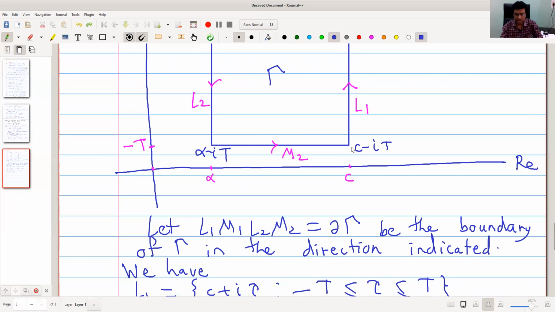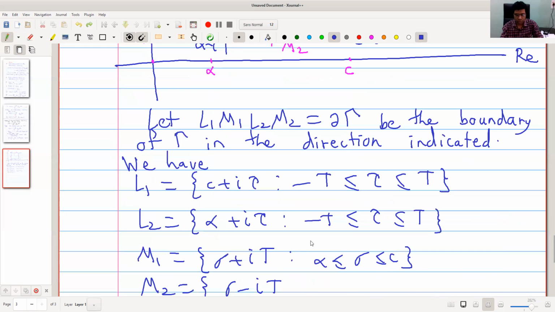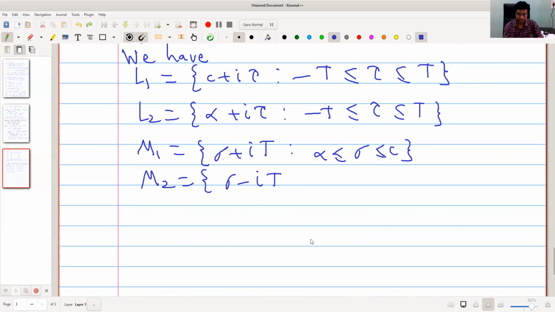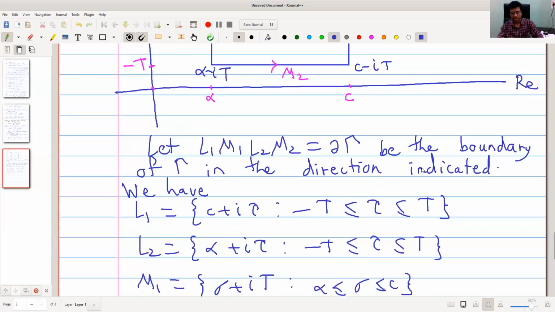On this line the imaginary part is minus T, which is fixed, and the real part is changing. So on M2, sigma minus iT, sigma is between alpha and C. So these are the equations of these four line segments.